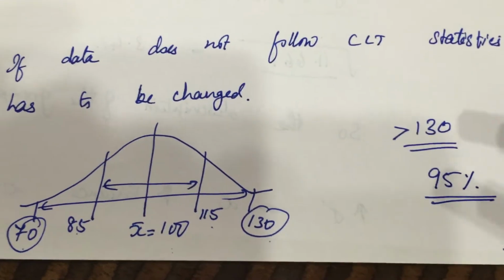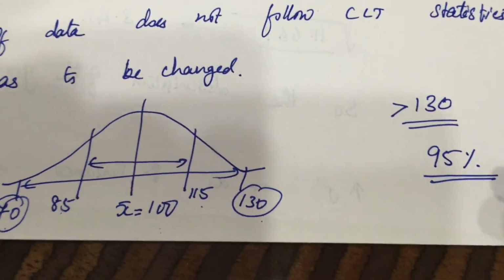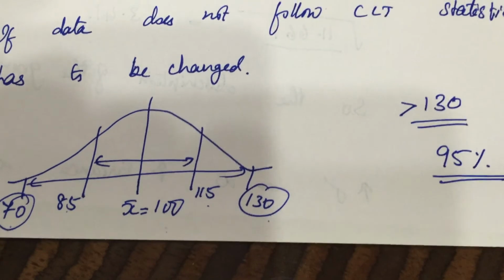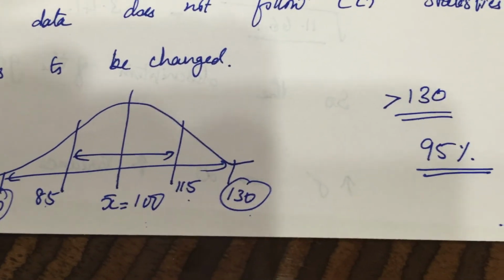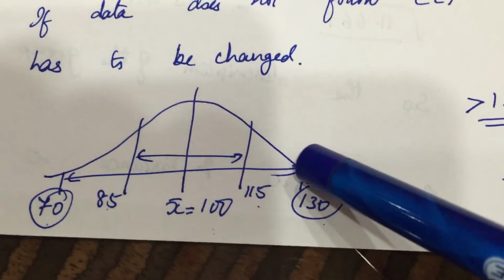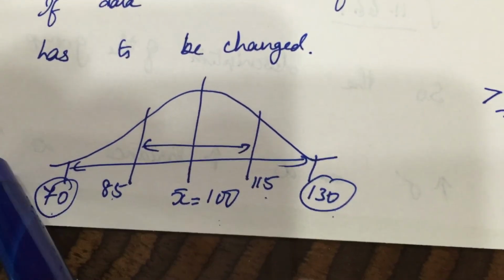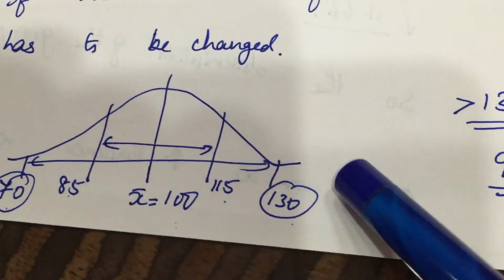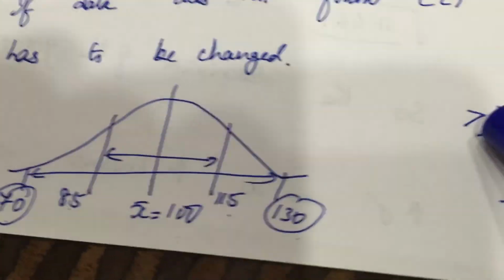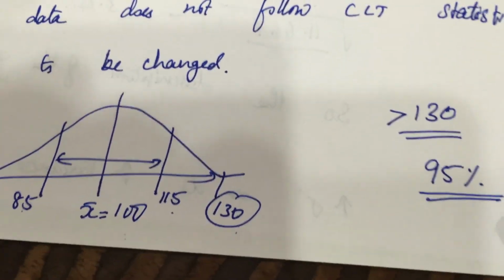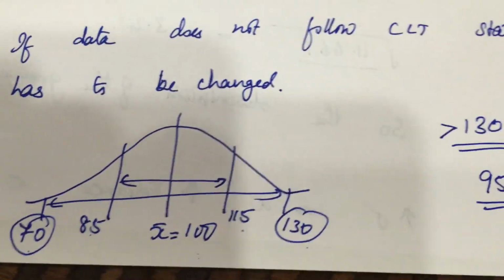So in this context, if you have an IQ more than 130, you can say you are above 95% of the population. But you should remember that we are only looking at this end, whereas this end will be another 2.5% on either side. So actually, if your IQ is more than 130, you are above 98% of the population.